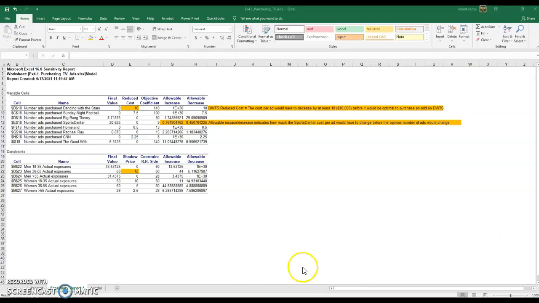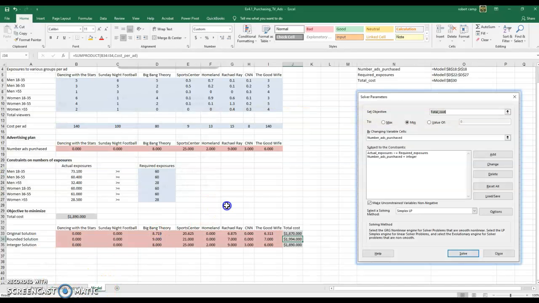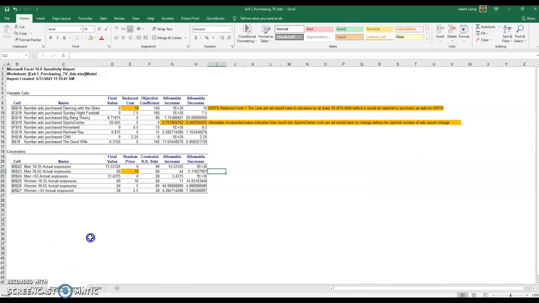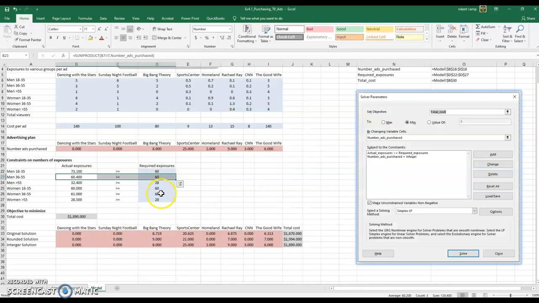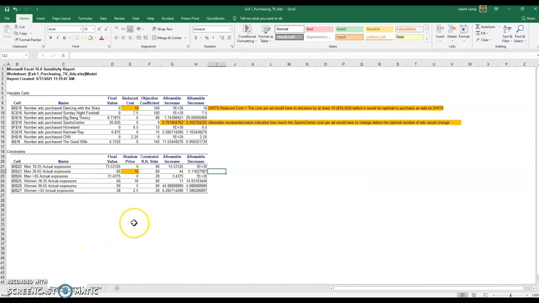Now, as we look at this, we have that shadow price for men 63 to 55. In the original case, we got 60.4 exposures, but in that original case, it was a final value of 60, we had 60 exposures. So we ran right up to the limit.